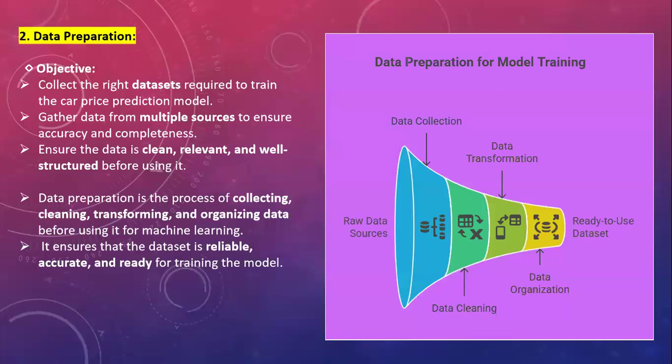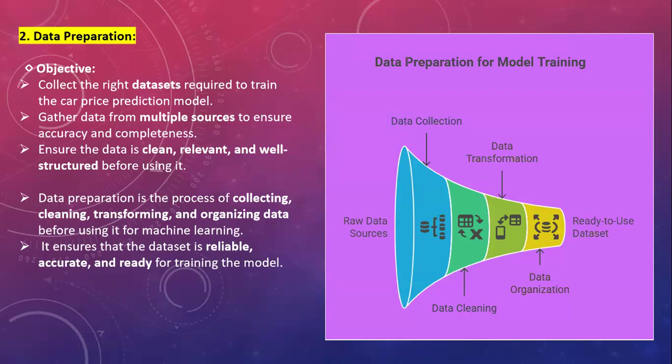So this data preparation is a very important step before implementing the machine learning model. We are collecting the raw data from various data sources like CSV format, APIs, and some databases, such as MySQL databases.